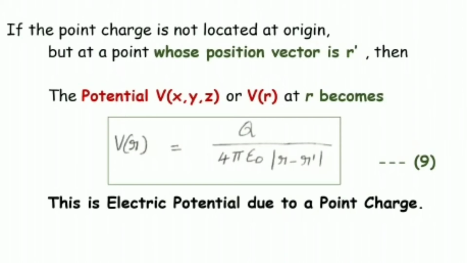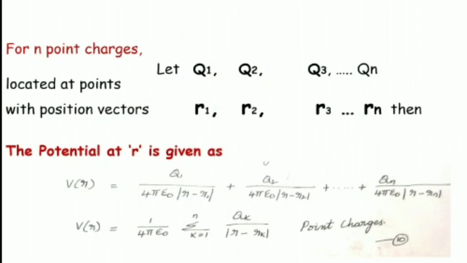Then the potential V of x, y, z, or V of r, becomes V of r is equal to q divided by 4 pi epsilon naught times the magnitude of r minus r dash. Yeah, this is our ninth equation. So this is the electric potential due to a point charge.